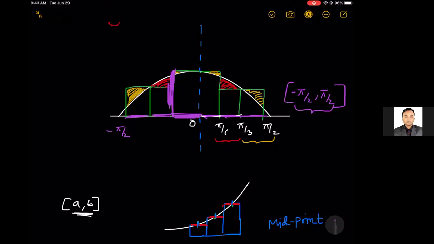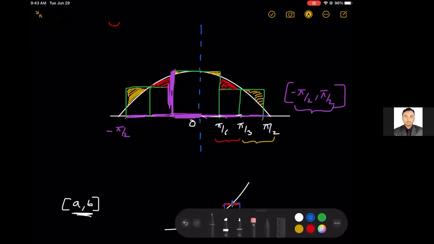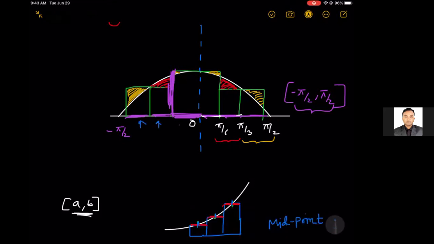We'll be subdividing the interval into equal parts. So these lengths will be the same, okay? These lengths have to be equal to each other.